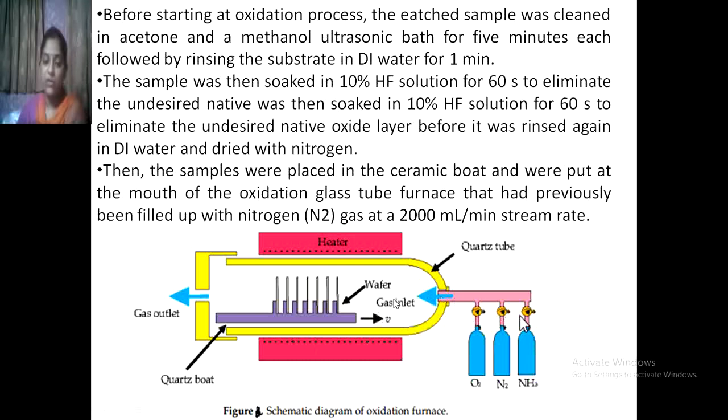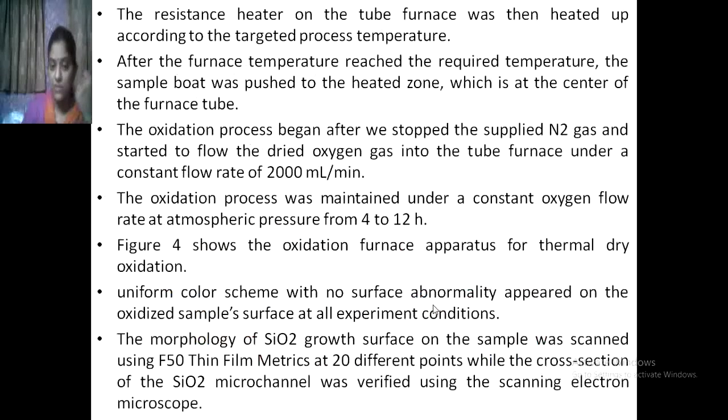First, each sample is placed upon the quartz boat, and firstly N2 gas is supplied for the drying, and when the surrounding is heated to that temperature, then oxygen is supplied at a constant flow rate of 200 ml per minute.